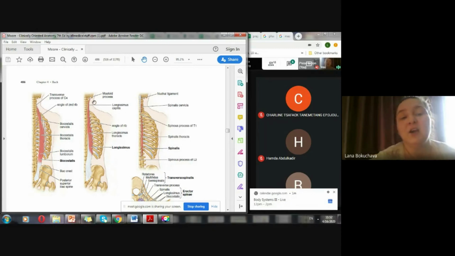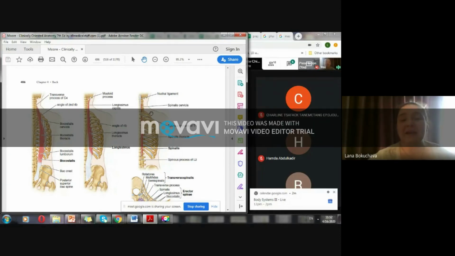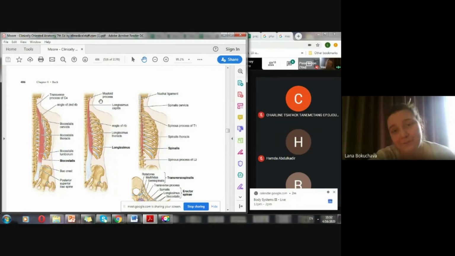You can find longissimus cervicis, although it's not seen here, as well as spinalis cervicis. And you can find the longissimus capitis as well as the spinalis capitis, which are associated with the head region. You see?